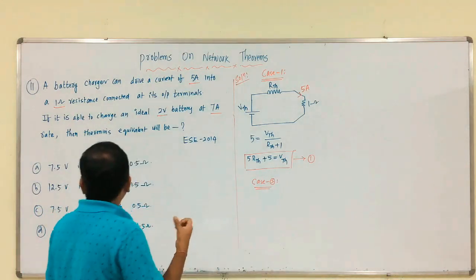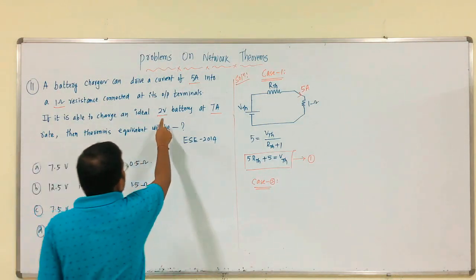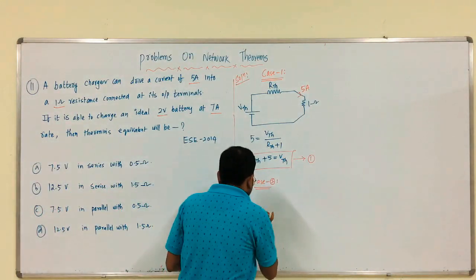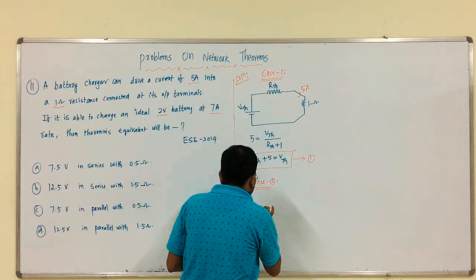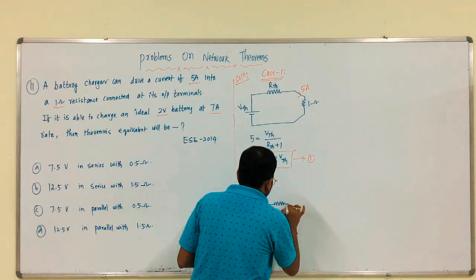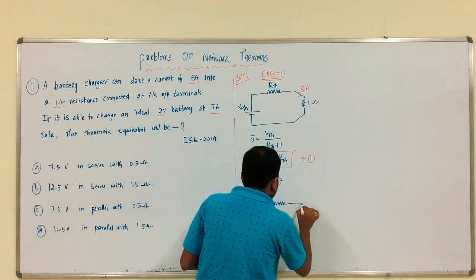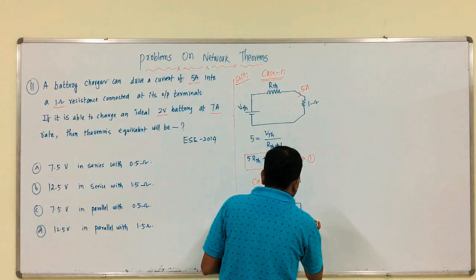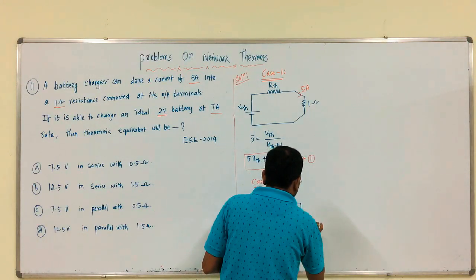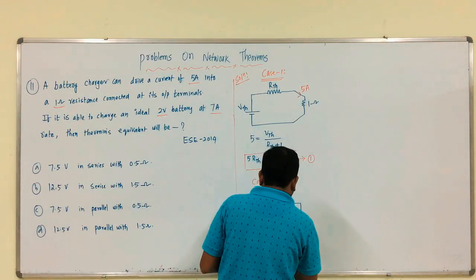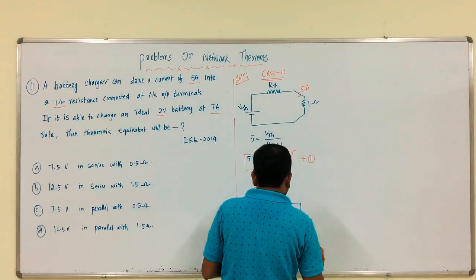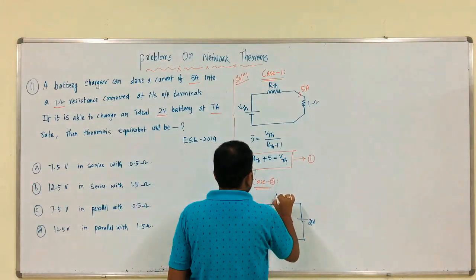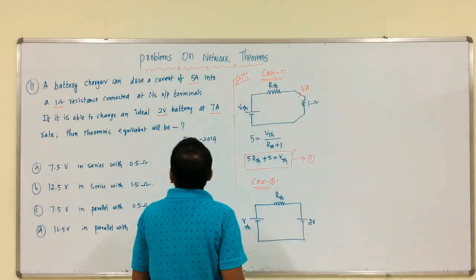Then from case 2 we have to connect an ideal voltage source which is carrying 7 amperes current. That is, we have VTH, we have RTH. We are connecting towards the battery. This is 2 volts, this is VTH, this is RTH.